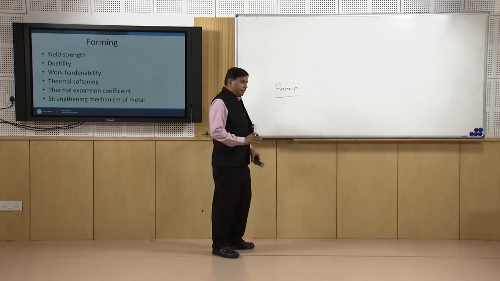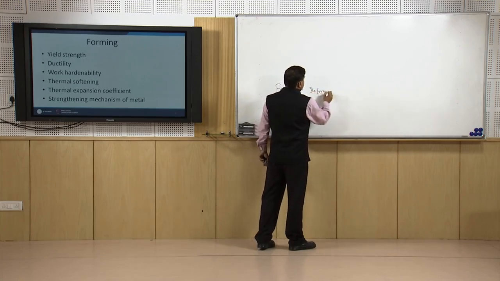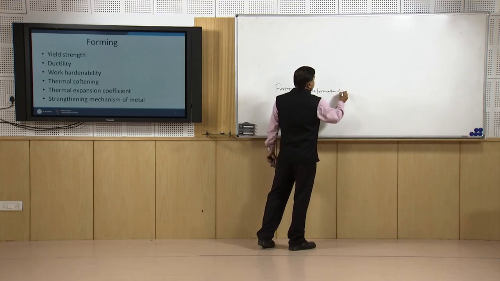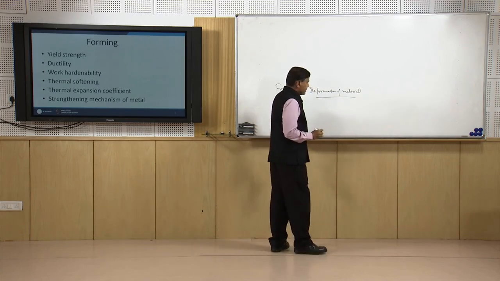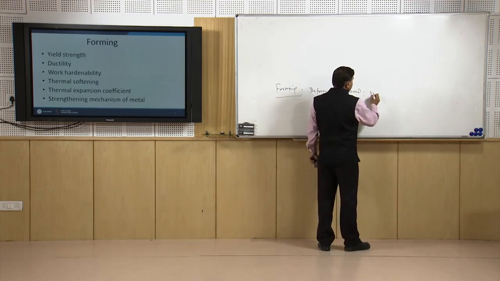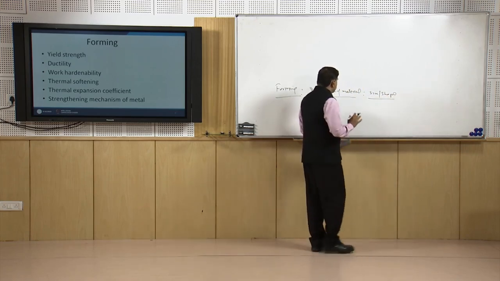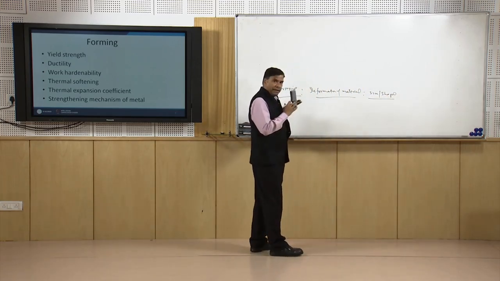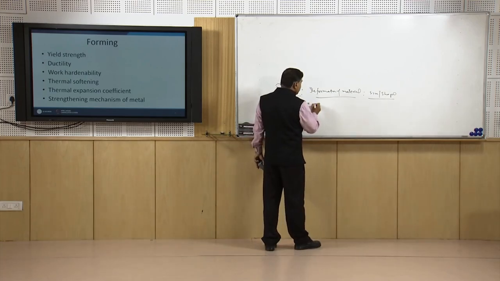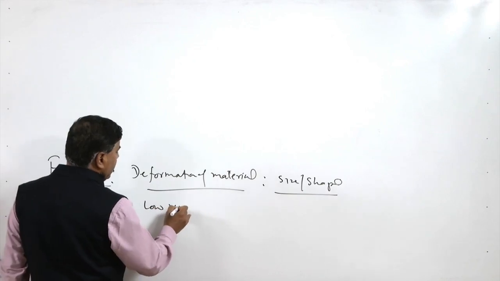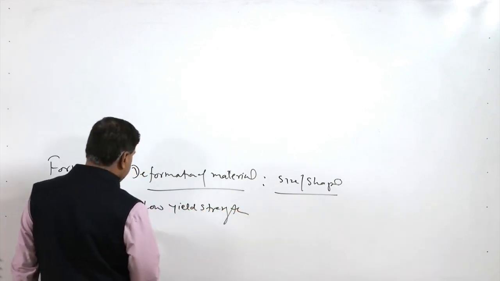Forming processes, we know, are based on the deformation of the material using external forces to get the desired size and shape. To facilitate the deformation by the forming processes, it is necessary that the material has a low yield strength, so that the deformation is facilitated.